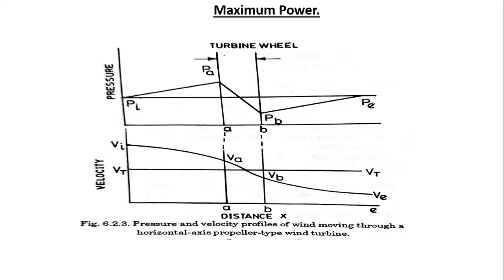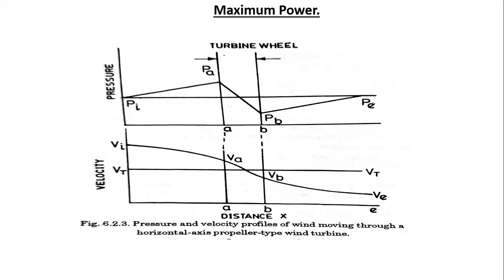Suppose you assume the wheel of such a turbine. This wind turbine has a turbine wheel, and this wheel has a thickness A into B. You can see the A into B thickness in this figure.